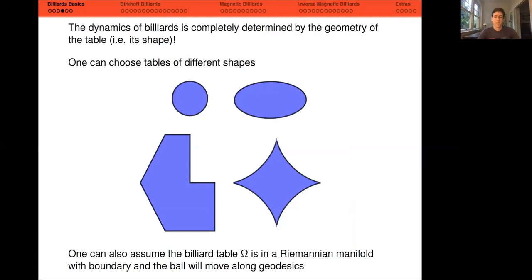They can be algebraic curves, but we want to make sure that for our purposes, we're going to choose a bit later on that our boundaries are sufficiently smooth so there won't be cusps or corners like we see in the bottom two tables here, so that curvature is always defined. Billiards can also be studied as being geodesic flow on a Riemannian manifold, but we're not going to be talking about that version of billiards today.